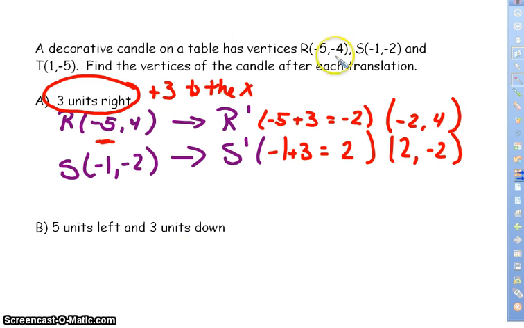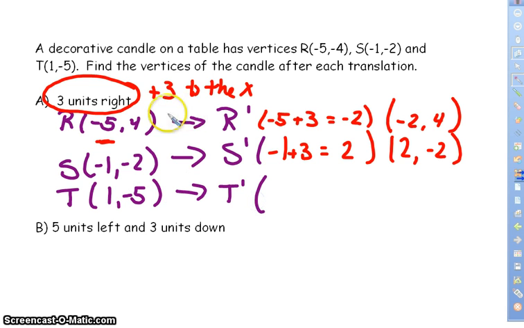Okay, and the last one, T is 1, -5. So my T prime, once again, I'm only working with the x here because it's talking about to the right, becomes 1 plus 3, which is 4. So my new coordinate would be 4, and once again, the y stays the same, -5.